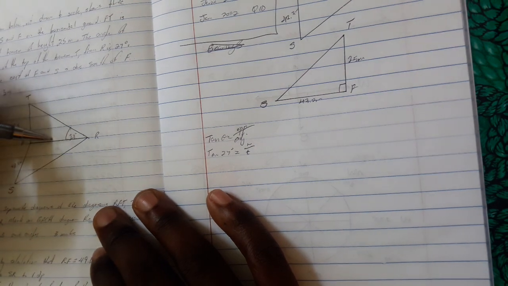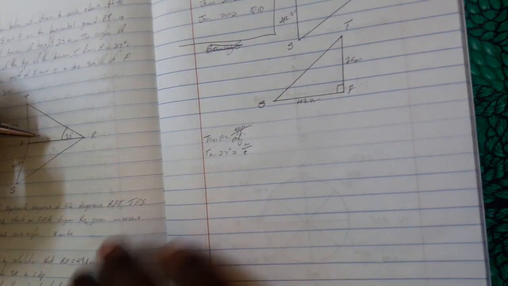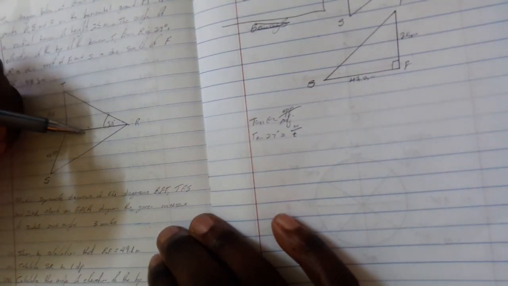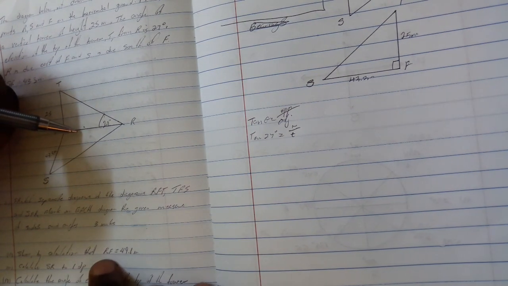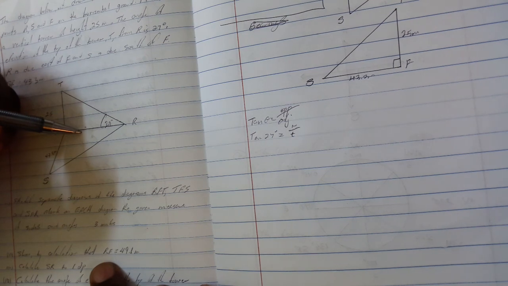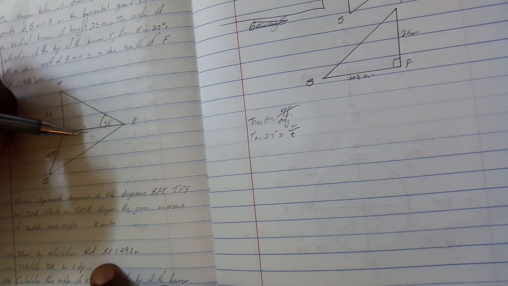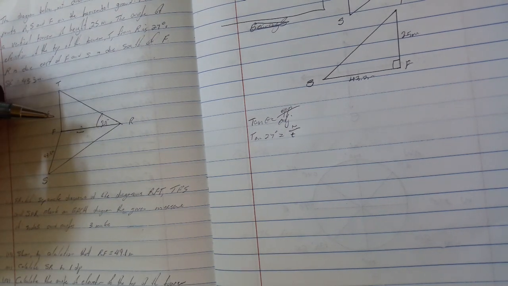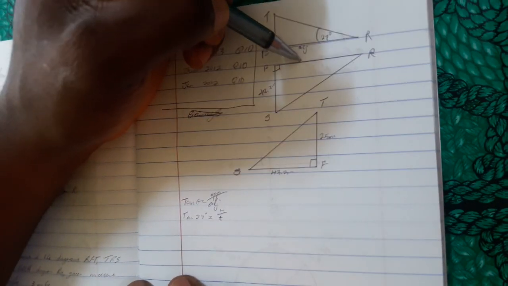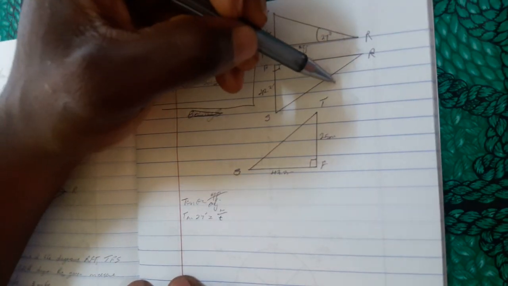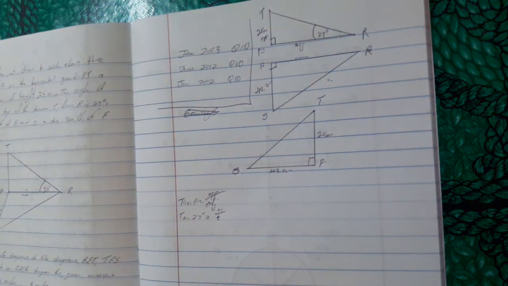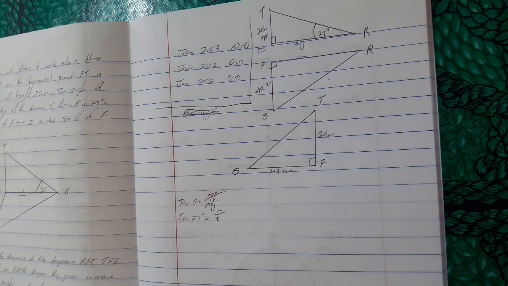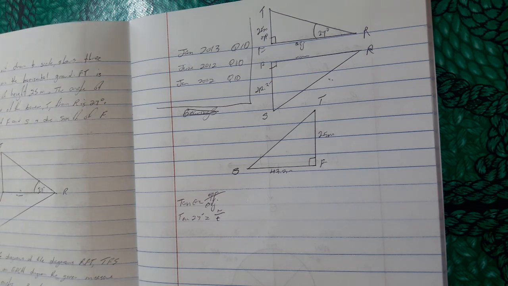Oh, okay, I figured it out. When you find this length here, which is RF, you have to use the Pythagoras theorem. If you find this length, you use Pythagoras theorem, and you get that. This is the hypotenuse, these are the other two sides. Pythagoras theorem states that the square of the hypotenuse is equal to the sum of the squares of the other two sides. So you can get that easily.